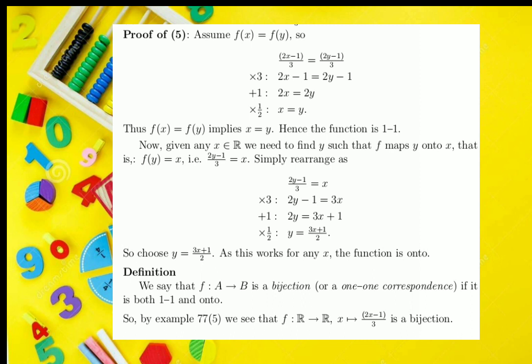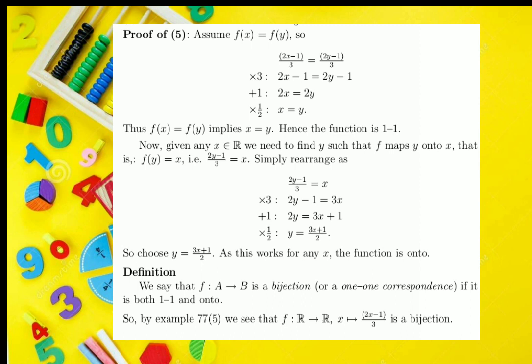Simply rearrange: 2y minus 1 is equal to 3x plus 1 after multiplying by 3 and adding 1. So 2y equals 3x plus 1. Multiplying by one half, y is equal to (3x plus 1) over 2. So choose y equals (3x plus 1) over 2, as this works for any x. The function is onto.